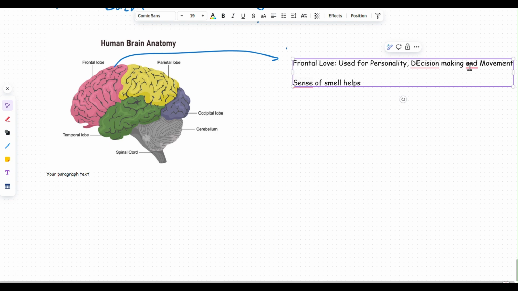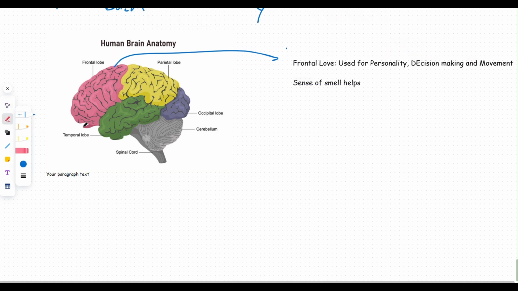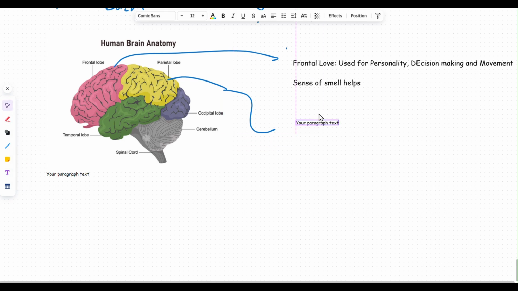Your parietal lobe is majorly used for your sense of pain and touch. That's your parietal lobe. What else?